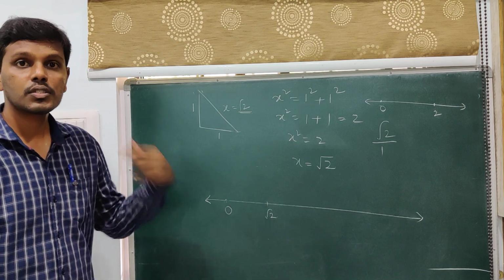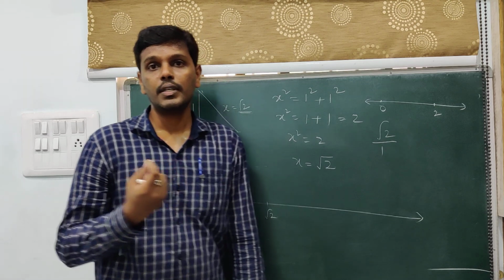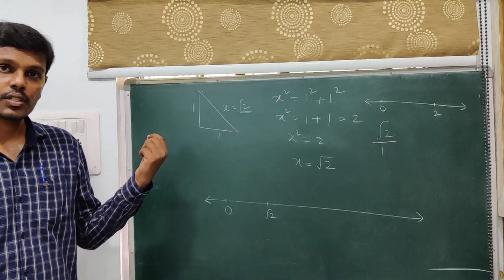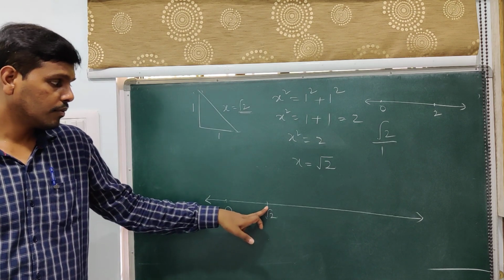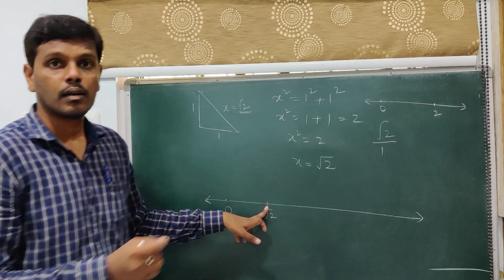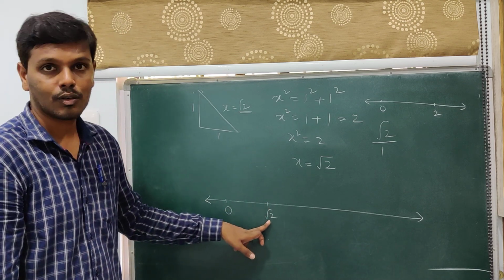Now this contradicts the statement which I stated earlier, that every point on the line can be assigned a rational number. But by this argument we can say that there are points for which rational numbers cannot be assigned. That is what I can conclude from this.